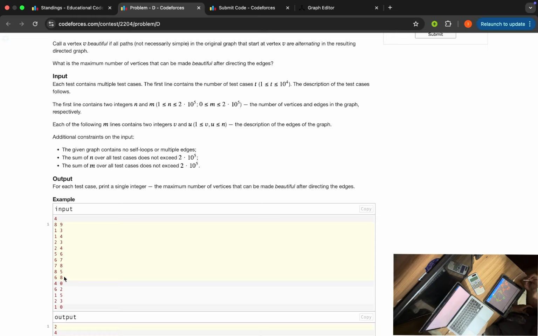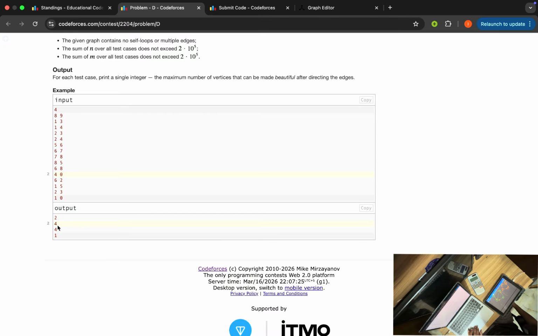Also, it has to be one giving, next receiving, one giving, the next receiving. It has to be something like that. So I always have to start from giving.